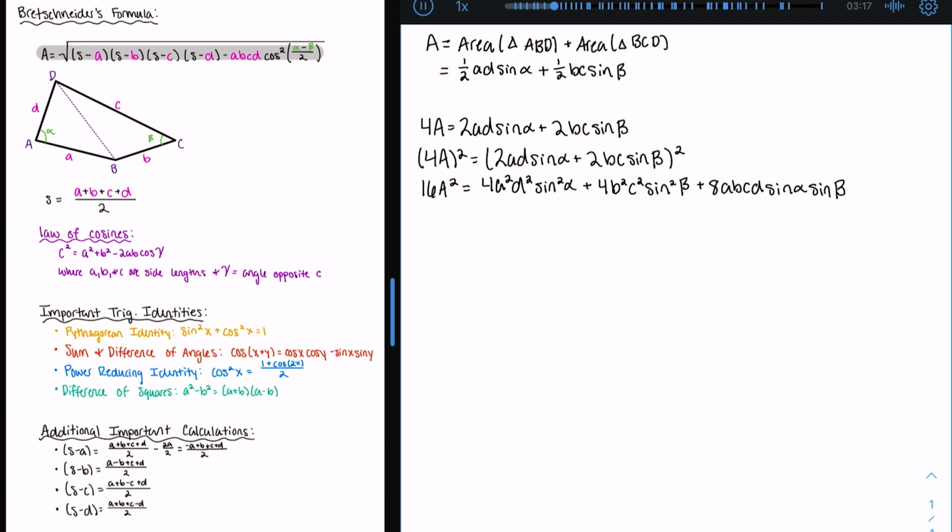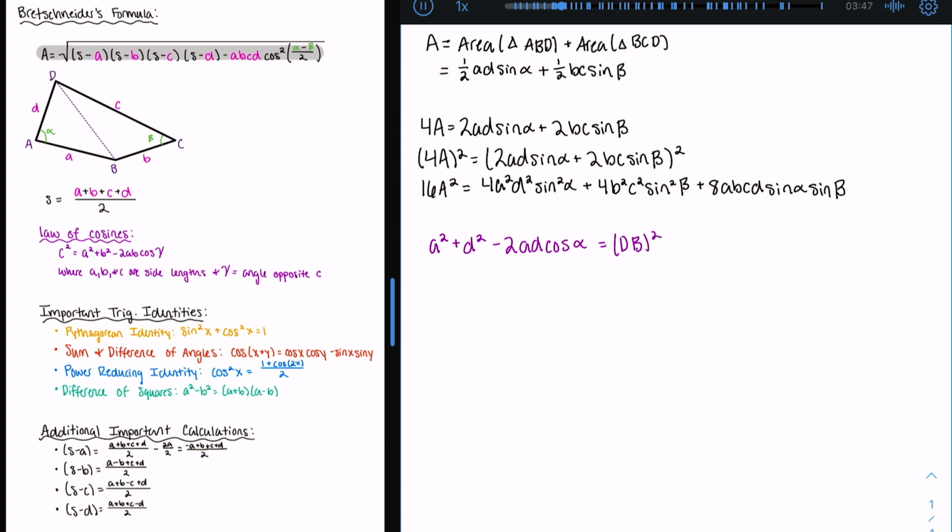So now I will use the law of cosines to come up with an identity to add and subtract to the right side of this equation. So starting with triangle ABD, we know that a squared plus d squared minus 2AD times the cosine of alpha is equal to our segment DB squared.